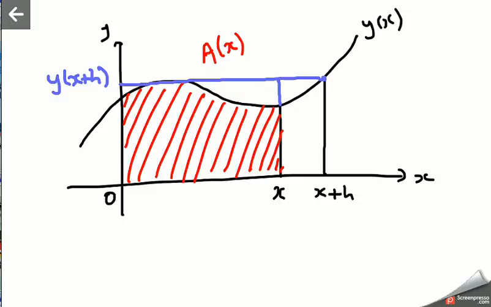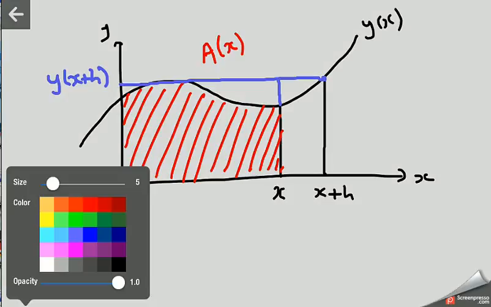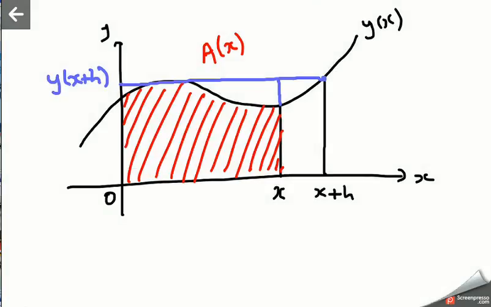We're also going to make another rectangle, starting at this point here. So this rectangle right here, this green rectangle. What is the height of this green rectangle? Well, the height of this green rectangle has to be y of x, because again, it intercepts the y function and it has input x.